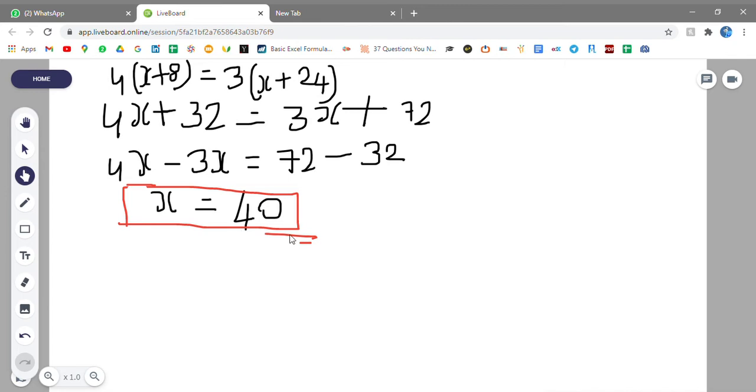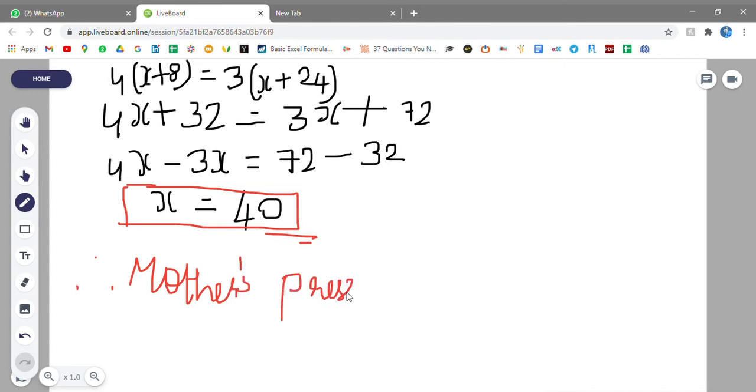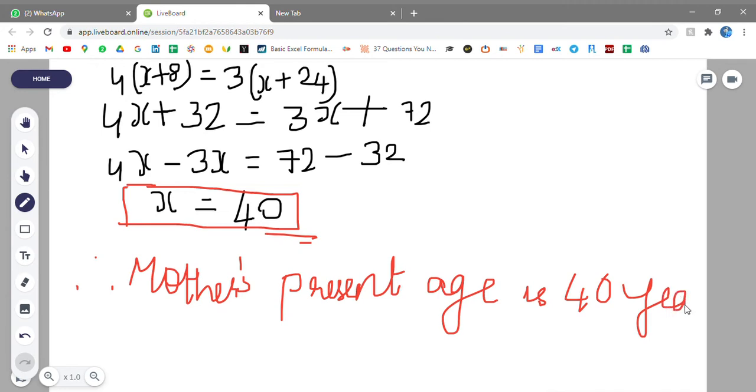We are just going to write the conclusion at the end saying, therefore mother's present age is 40 years.